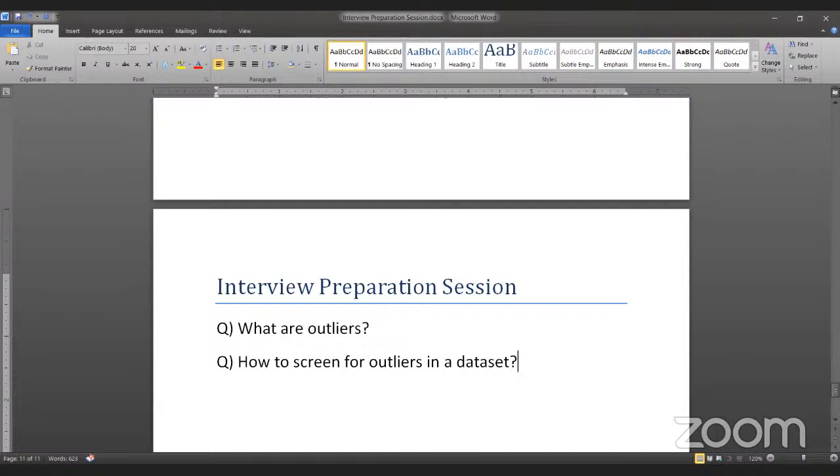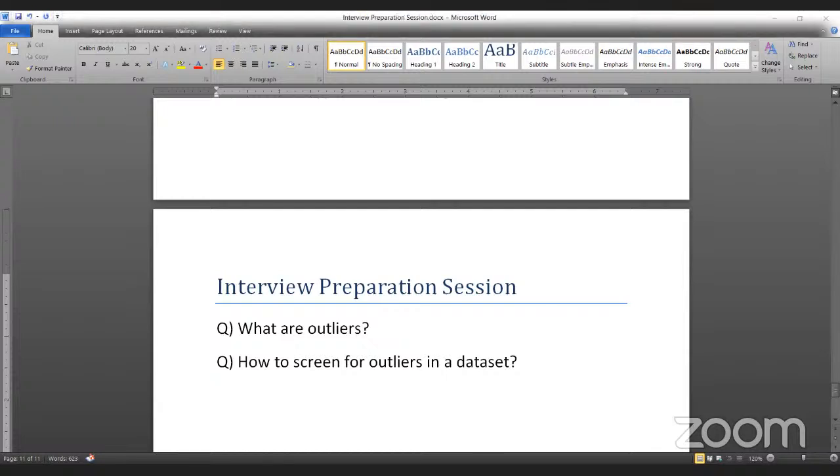Yes, Venki, above and below the IQR. Yes, using a box plot, that is one method.